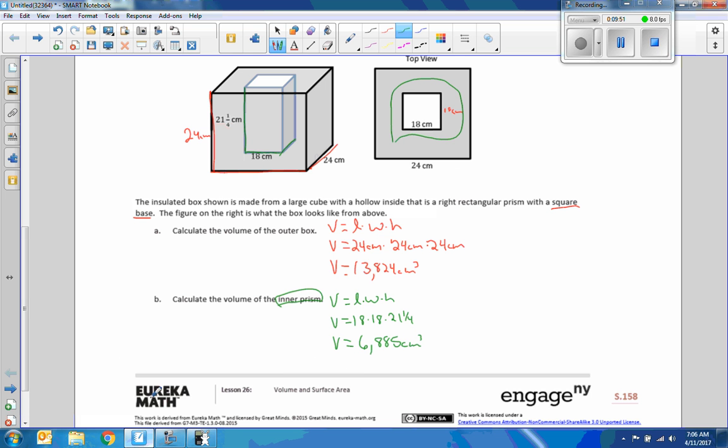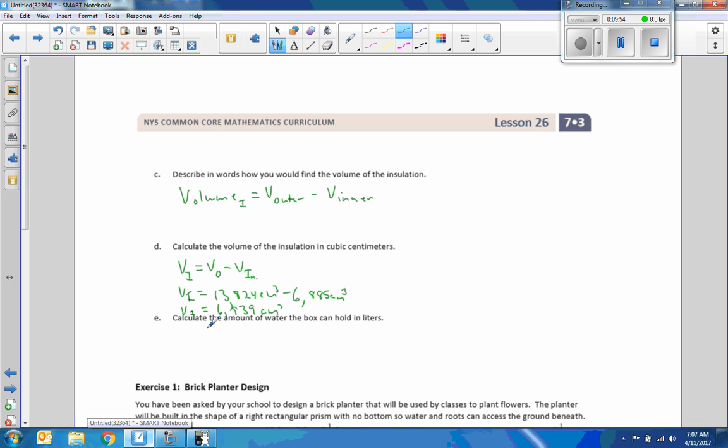Okay, so the volume equals 6,885 centimeters cubed. It says calculate the amount of water the box can hold in liters, not cubic centimeters.